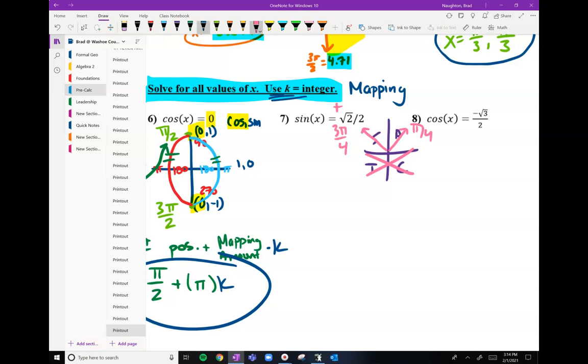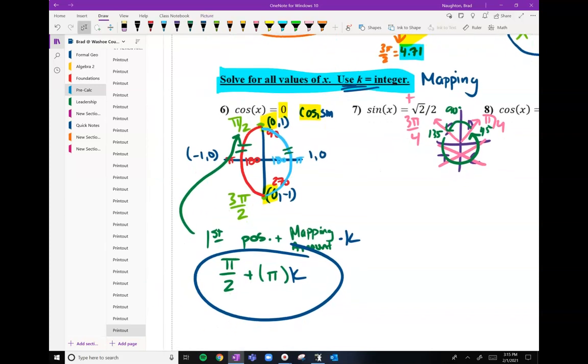Okay, so let's take a look for our mapping. If I go from here to here, that's going to be 90 degrees because I went from 45 to 135. And then all the way around, that's definitely not 90 degrees. So there is no mapping that works for this one. On number 6, I could get there because they were both 180.